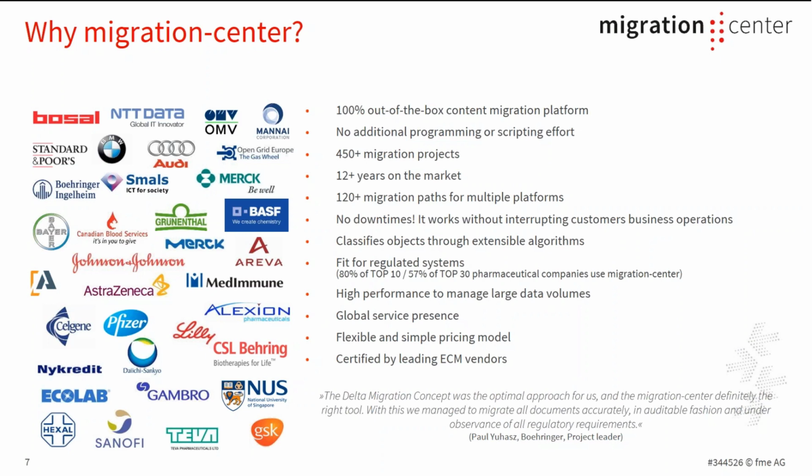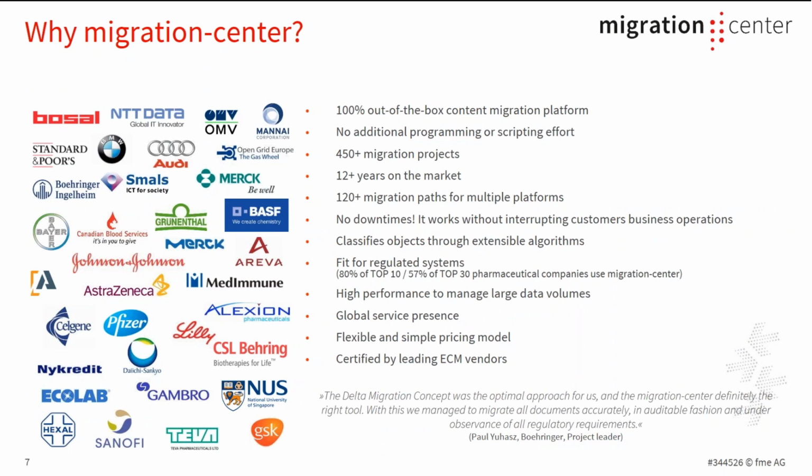In addition to the in-place migration paths, we also provide about 120 other migration paths within our software. As I mentioned, you can move from SharePoint to Documentum, from Alfresco to Documentum, and so on. There are many adapters available to make your migration project successful. Migration Center also provides capabilities to reduce downtime during the migration.